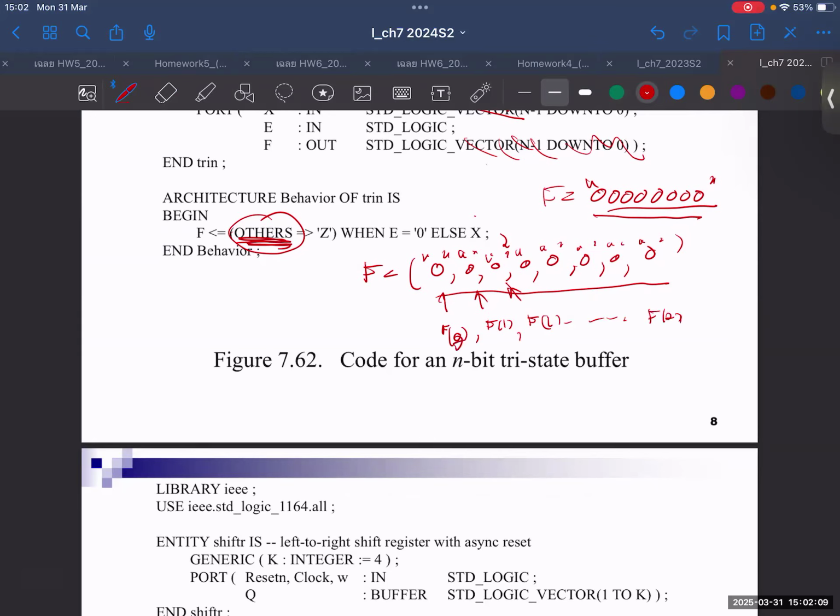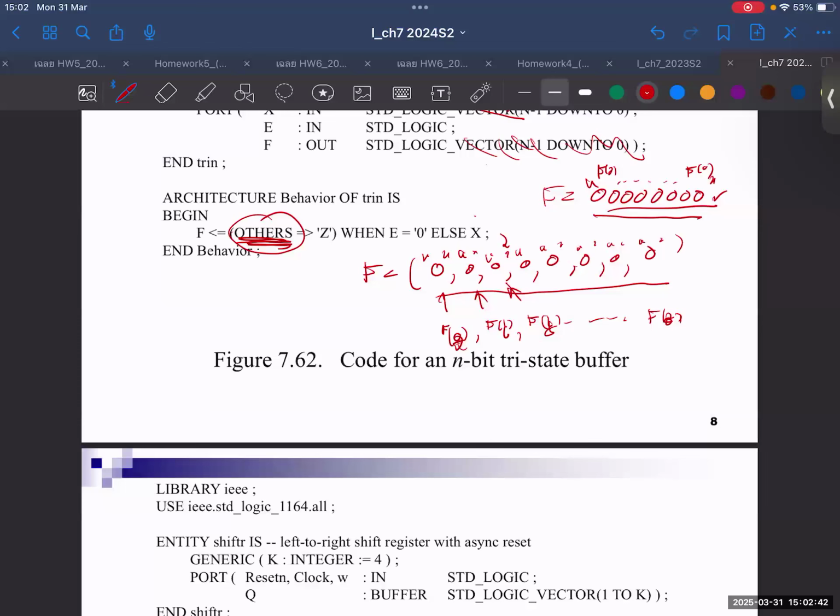Should be F7, F6, F5, and go down to F0. Anyway, you write it in array form, or you can write it in string form. String is F7 and goes down to F0, depending on the direction. I think in array form, this is F7 to F0, F0 to F7, sorry.